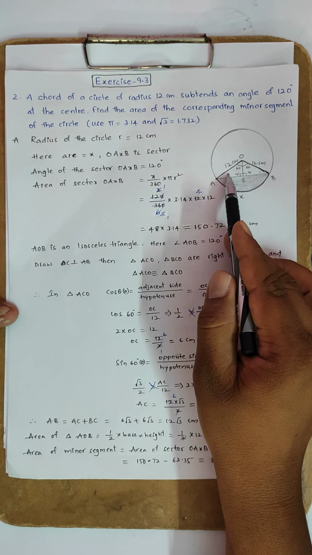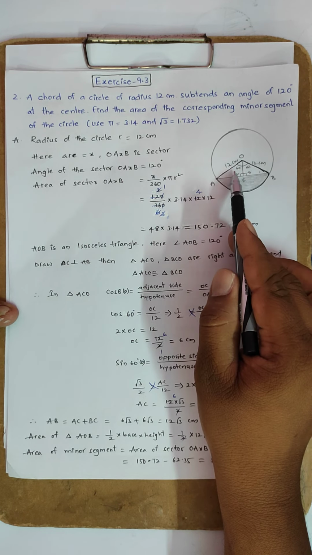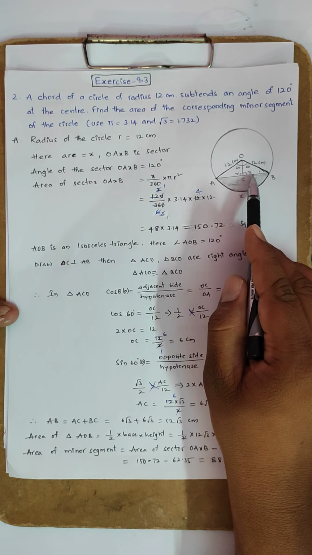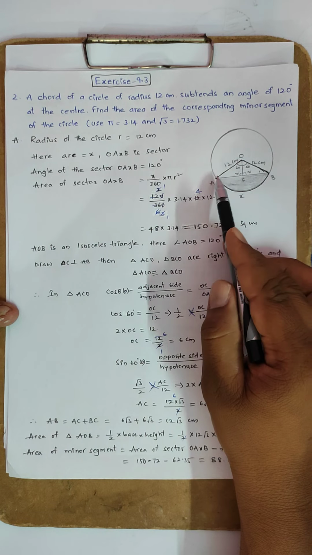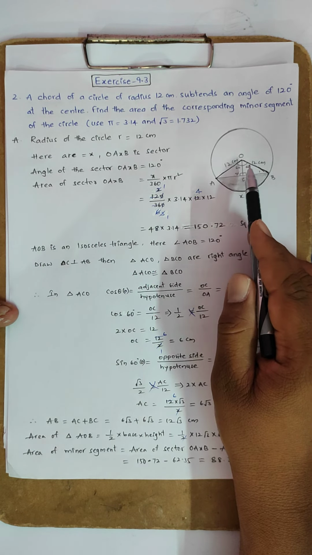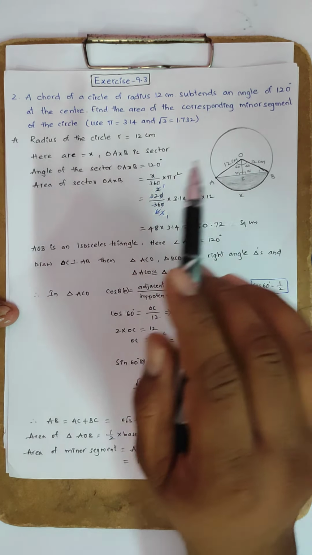Then this one is a right angle triangle, and this one is a right angle triangle. These two right angle triangles are congruent to each other because the base, height and hypotenuse are the same, all corresponding angles and sides are the same.